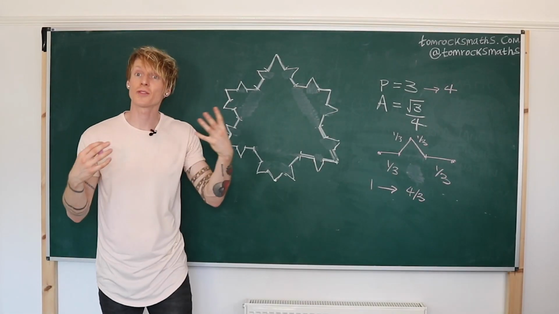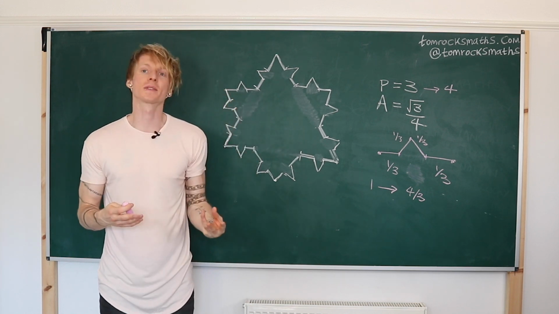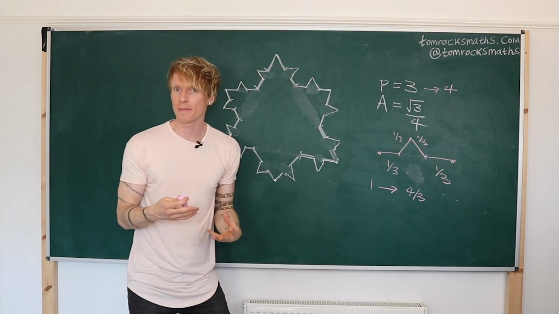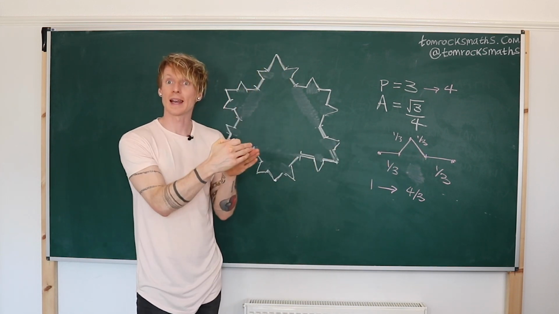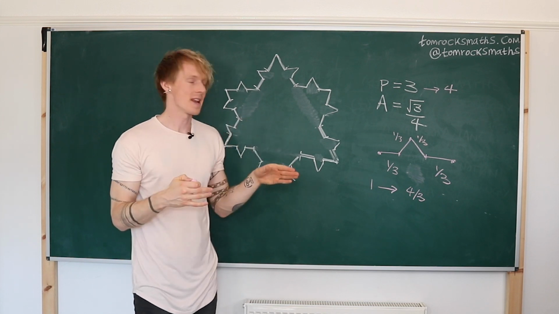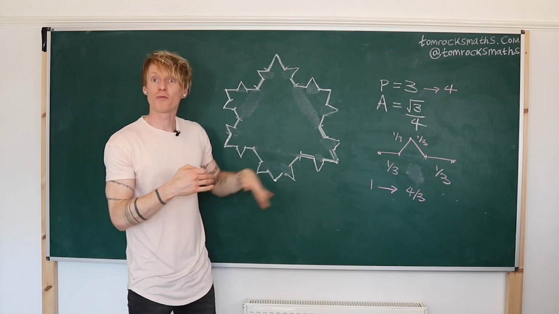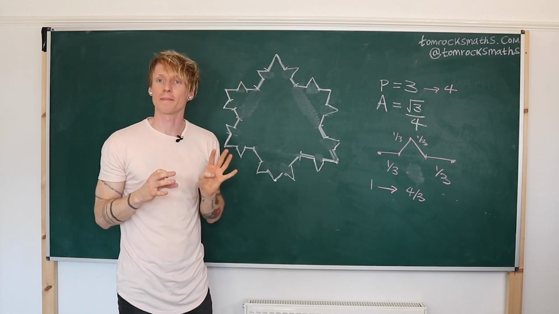Now for the second iteration, we again follow the same 3 steps where we take each line in our diagram, divide it up into 3 pieces, remove the middle piece, and add the wedge. And again, we have this shape repeated 3 times around the original triangle. We had the star shape, if you remember.